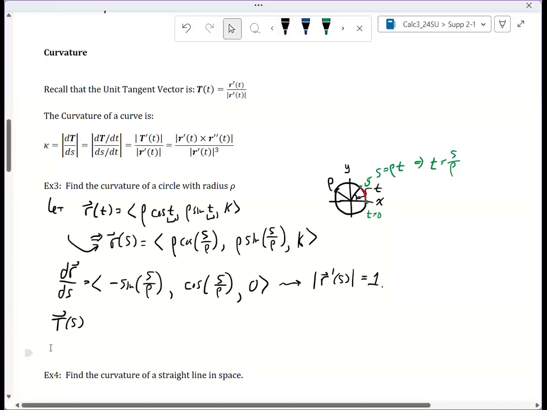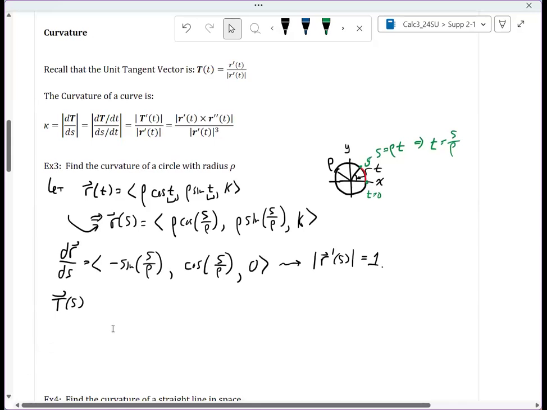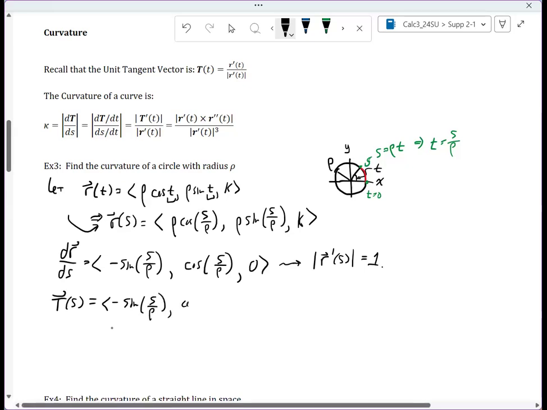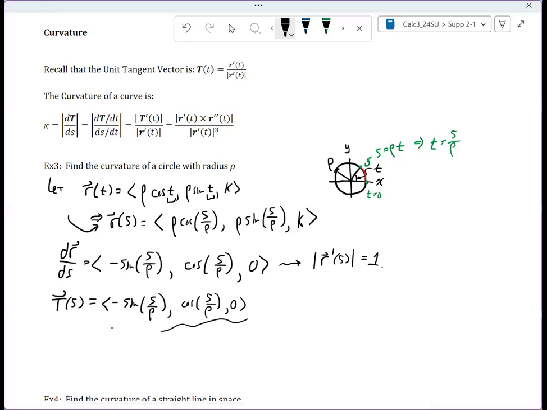So what's my unit tangent vector in terms of s, in terms of the arc length? Well, it's dr ds over the length of dr ds, and that's just dr ds. So that's my unit tangent vector written in terms of s.